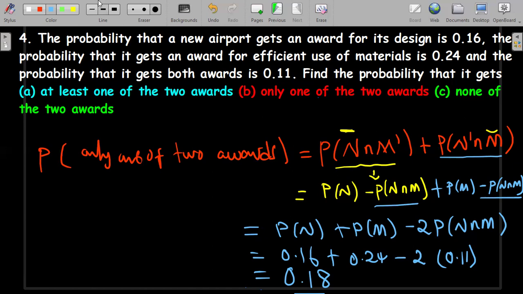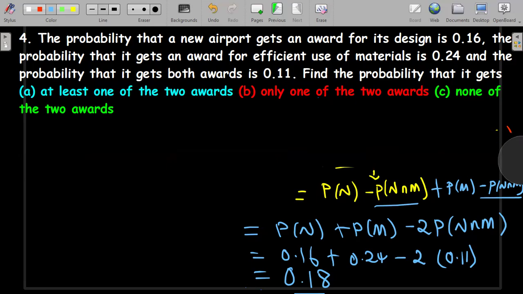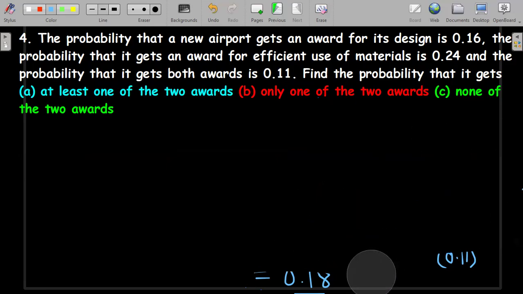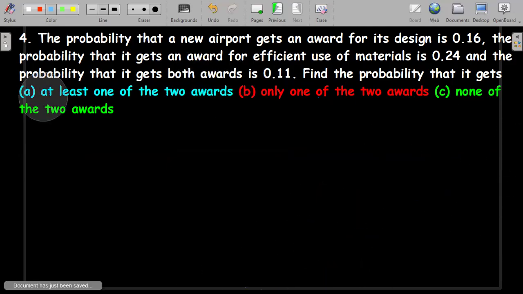Okay, no questions. Let's solve the last question. They're saying, what is the probability that this new airport gets none of the two awards?